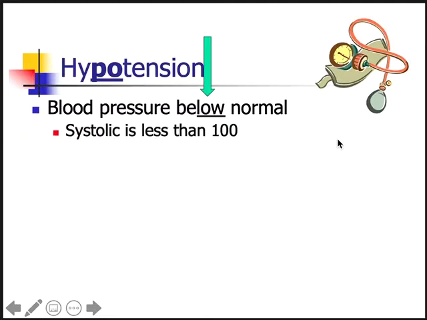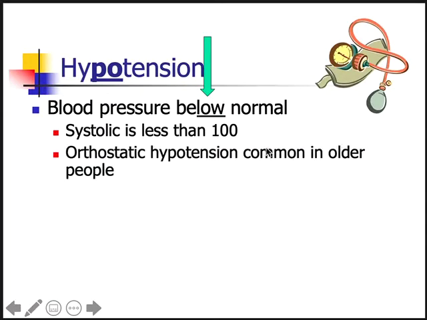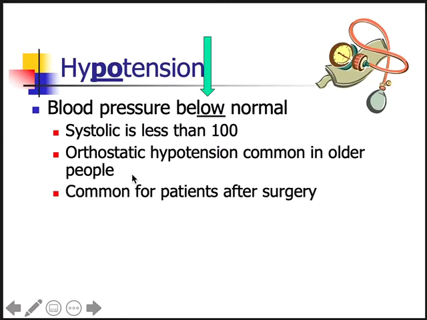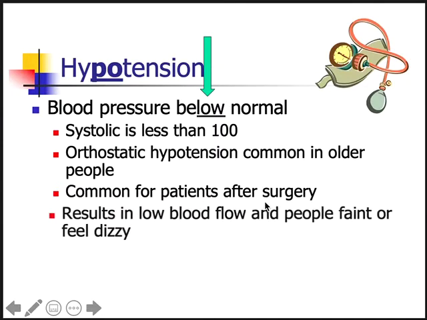Okay, so if your systolic is less than 100, that is too low. It's pretty common. The older you get, you are likely to have trouble with low blood pressure. So orthostatic hypotension is common in older people. And it's also common for patients after surgery.